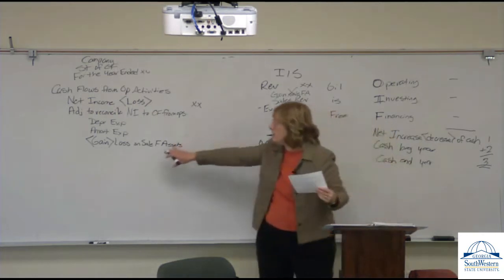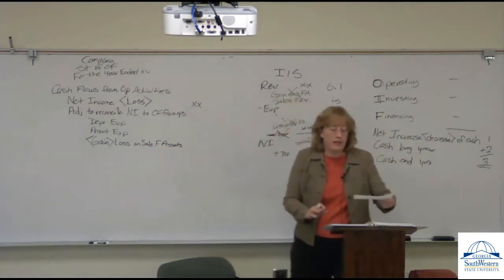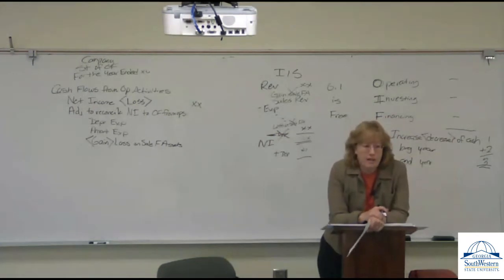So in this section here, we're going to include something for the change in our current assets and current liabilities. When I mean the change, I mean from the beginning of the year to the end of the year, how much did our current asset change?